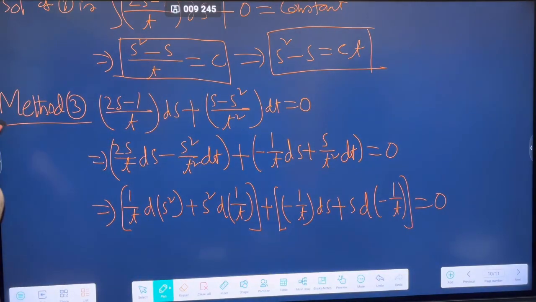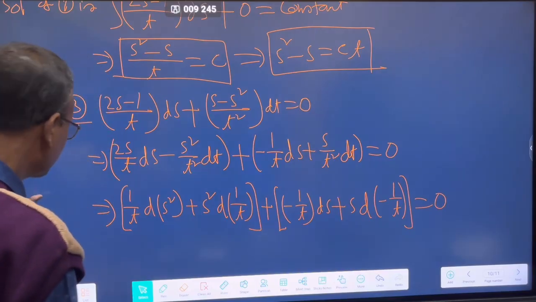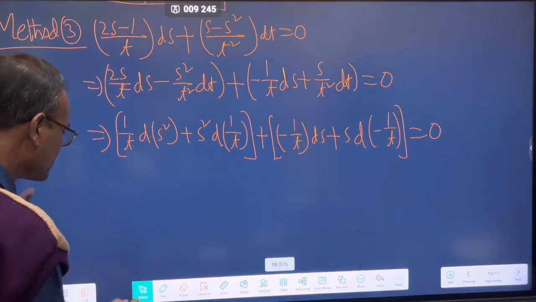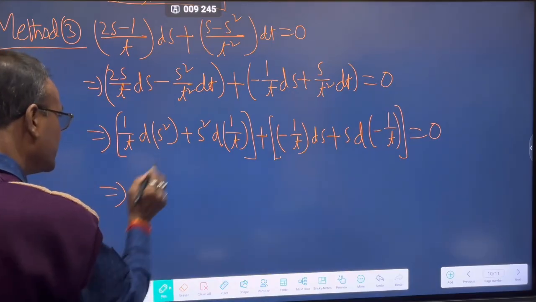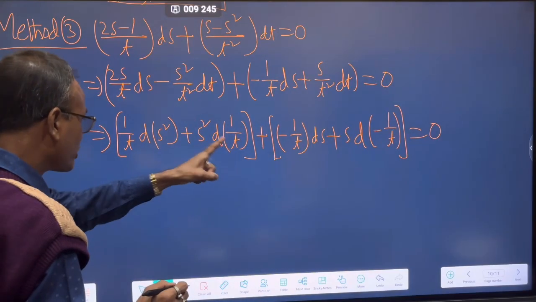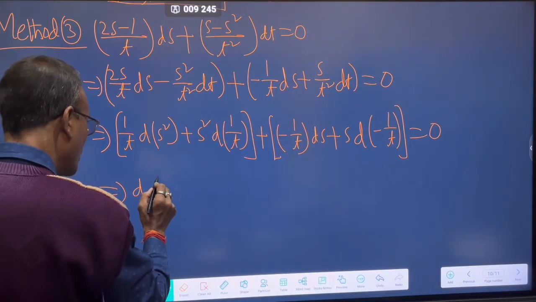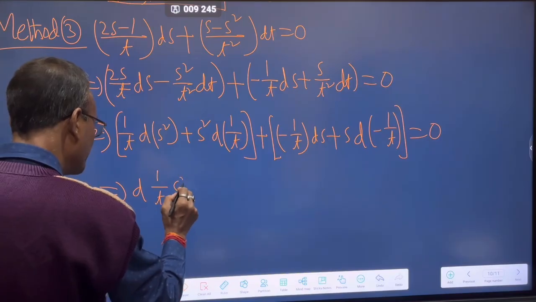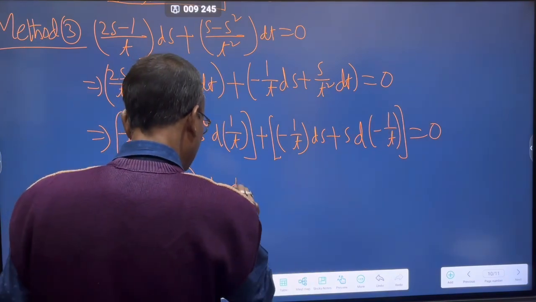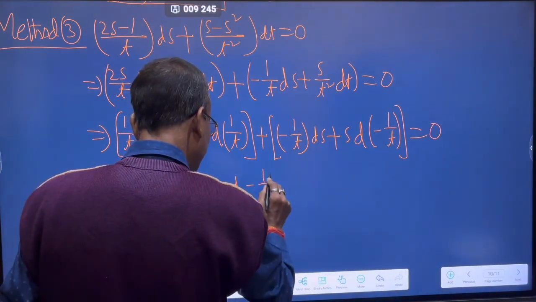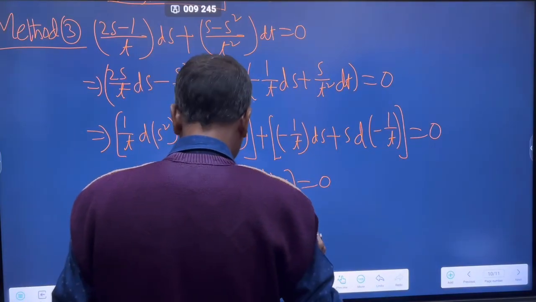Now, this is the differentiation of the first function into the second, plus the second into the differentiation of the first: d of (1 by t) s square, plus d of (minus 1 by t) into s, equal to 0.